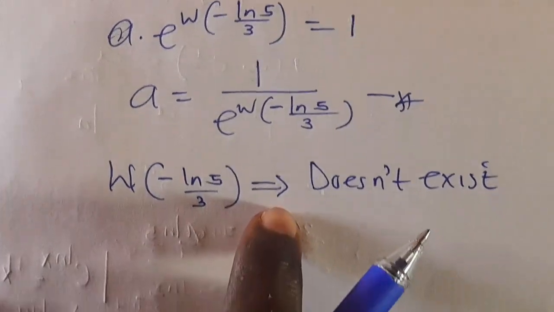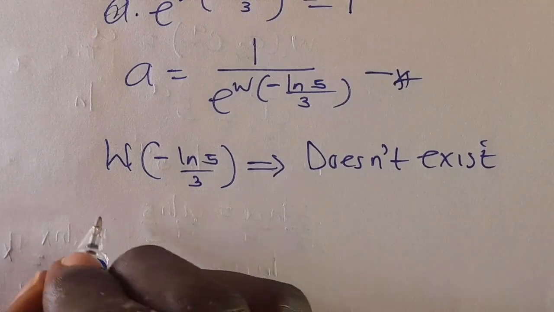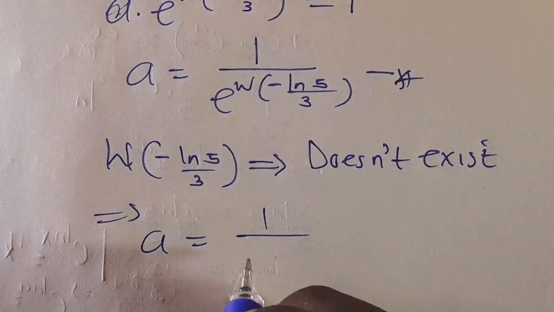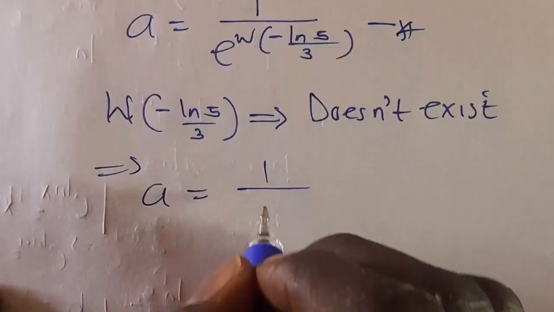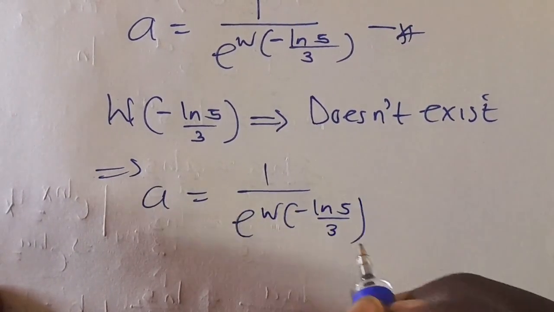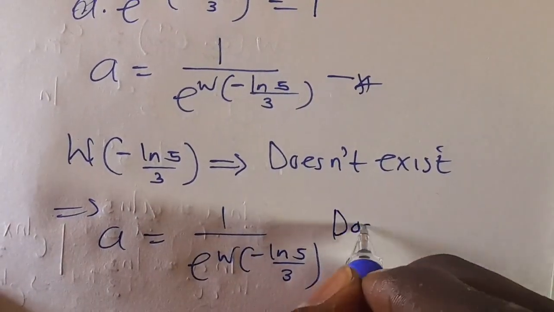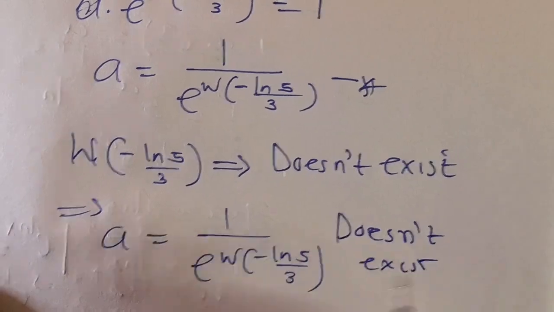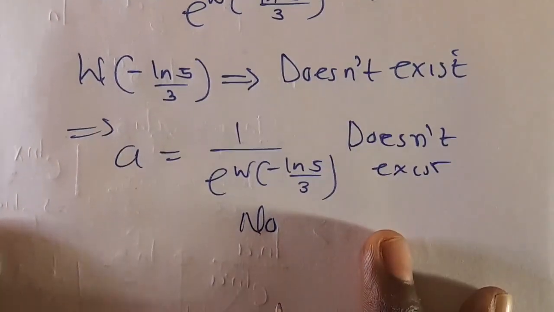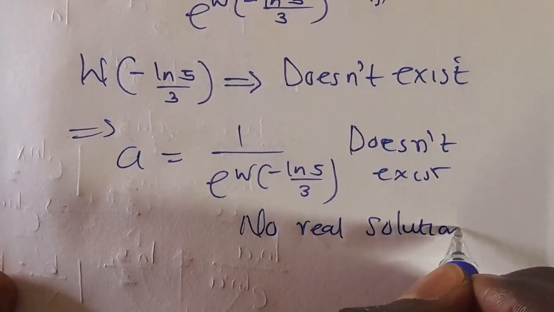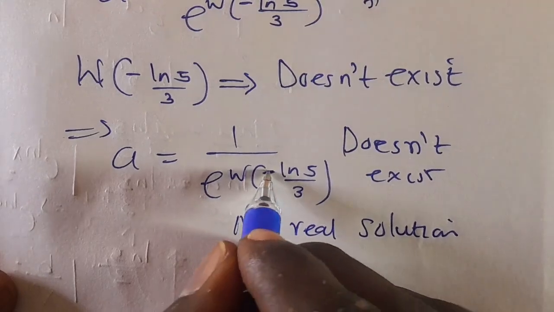Though it's a complex solution, it has no real solution, which implies that our A equals 1 divided by e to the power of W of minus ln 5 divided by 3 does not exist. That is, no real solution because of this negative.